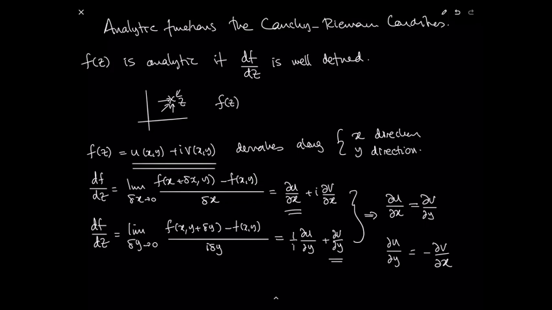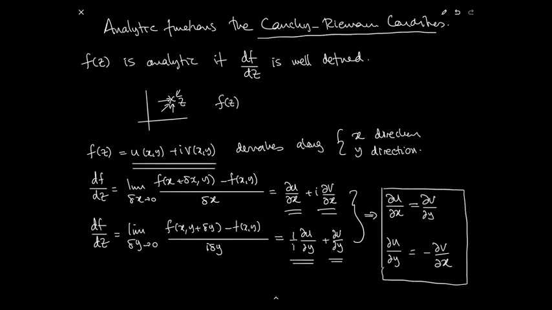Why minus? The i on the bottom here, i on the bottom here, i on the top here. When you flip this up, you get a minus sign, and you're comparing this to this. These conditions here are what is known as the Cauchy-Riemann conditions. And basically, a function f of z is analytic if its component functions satisfy the Cauchy-Riemann conditions.